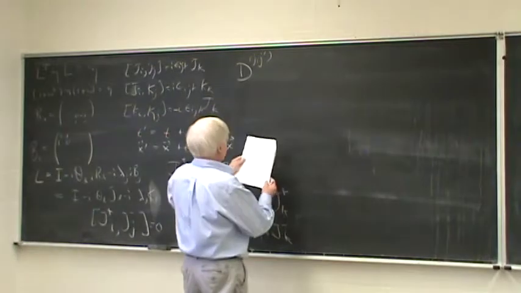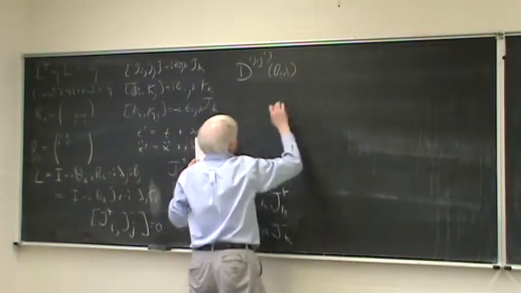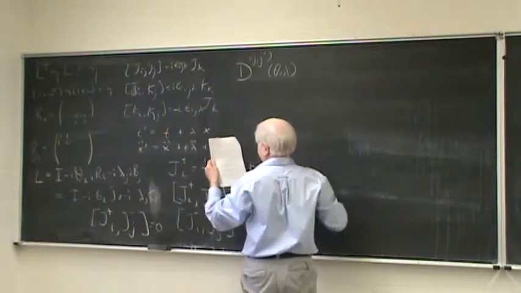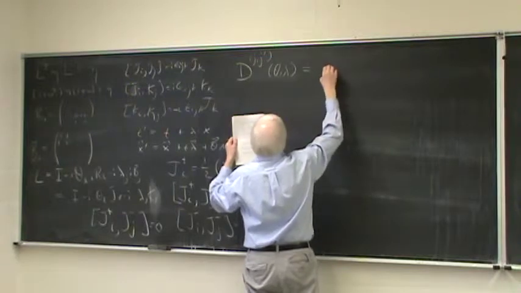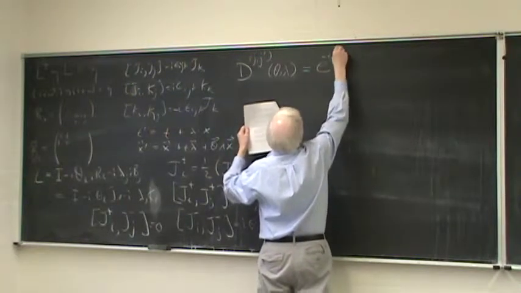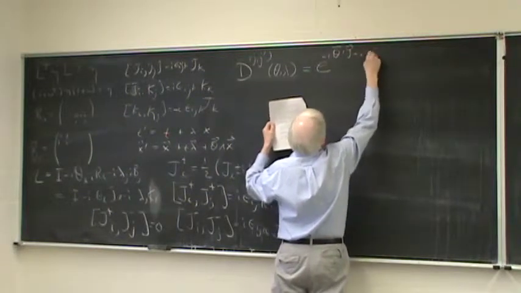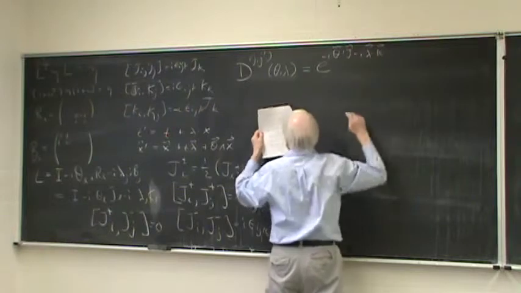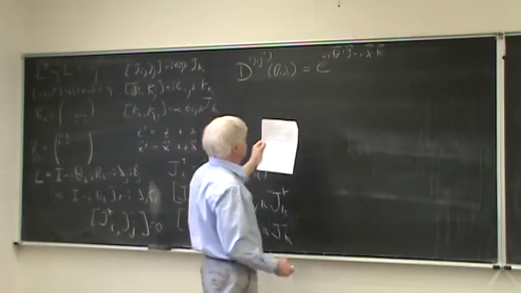You then have a representation here, and I'll use theta and lambda as the parameters for the rotation. So this is theta dot J minus i lambda dot K, which is what I should have written in the book. Instead I had explicit indices.